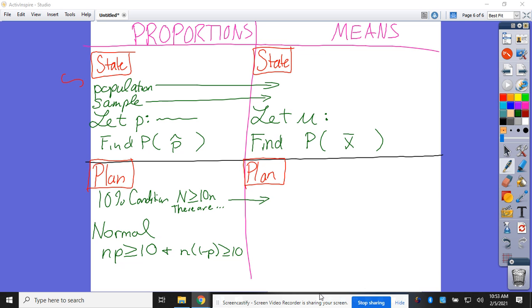But for means, instead, we have our two options. And again, depending on if you want to shorthand this or write it out a little bit more, our first option is that the problem says the population distribution is normal.